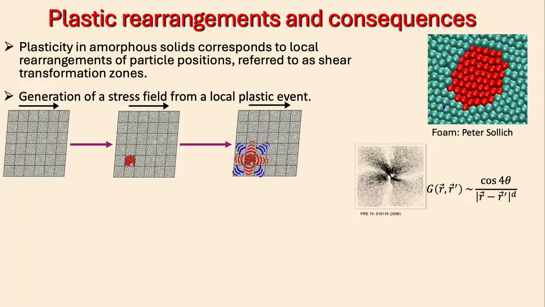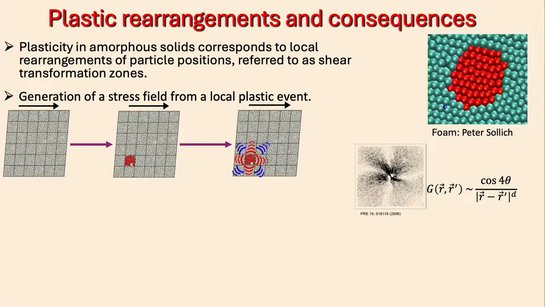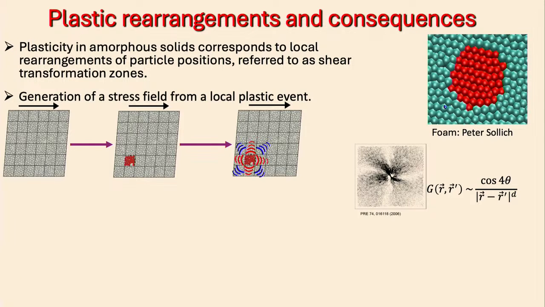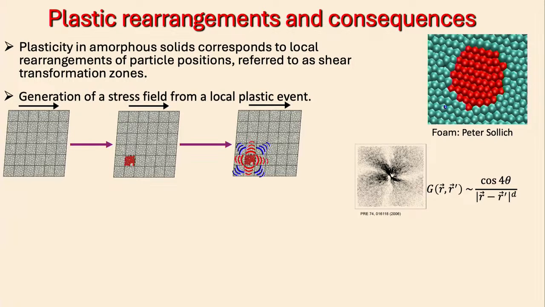The basic idea is I can think of my amorphous solid as made up of mesoscopic sized blocks within which I can describe plasticity. Anytime there is a transition that corresponds to a plastic rearrangement in one of these mesoscale blocks, it has consequences in the form of stress propagation to the other blocks.